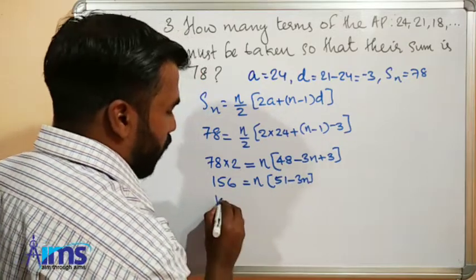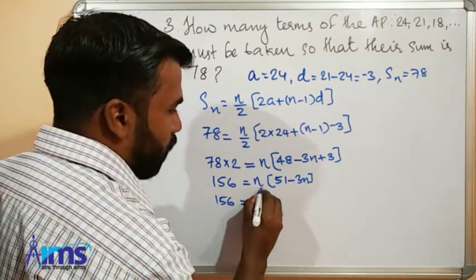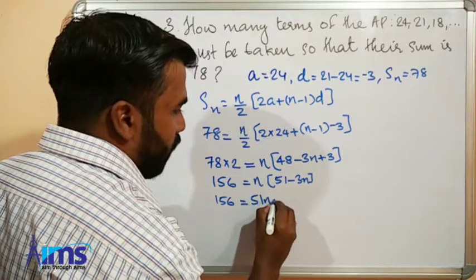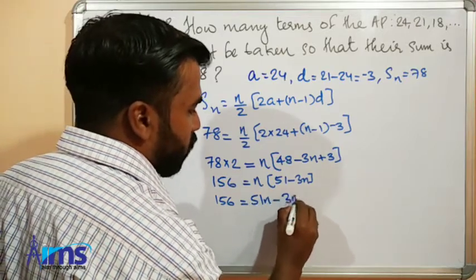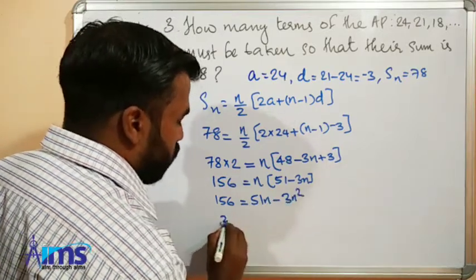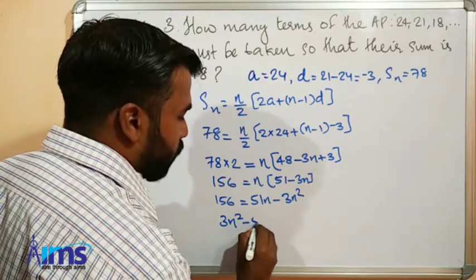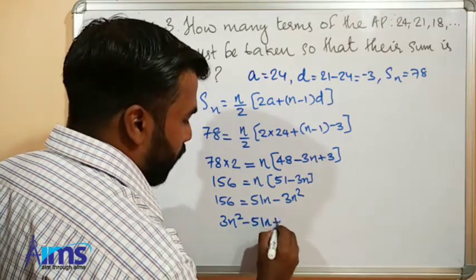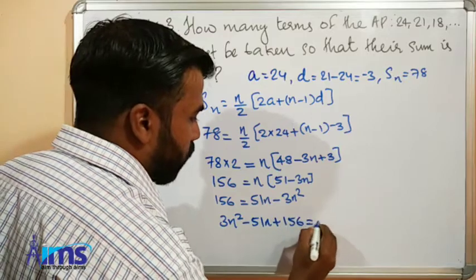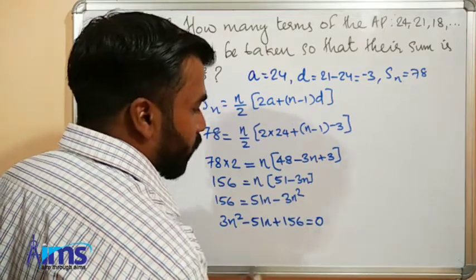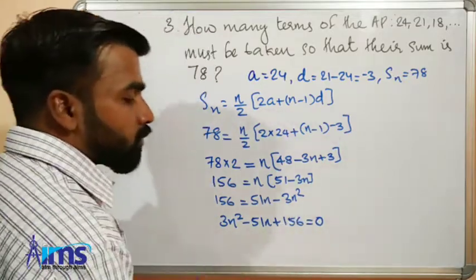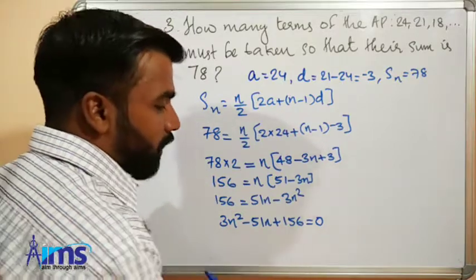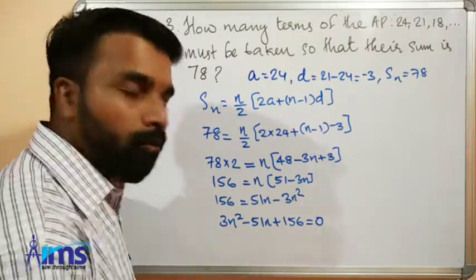So which is 156 is equal to 51n minus 3n square. So 3n square minus 51n plus 156 is equal to 0. That means we have to solve this quadratic equation to find the value of n.